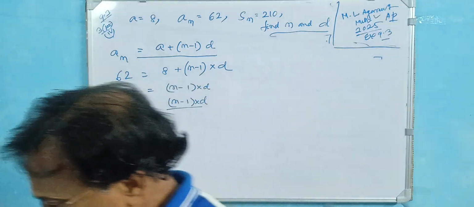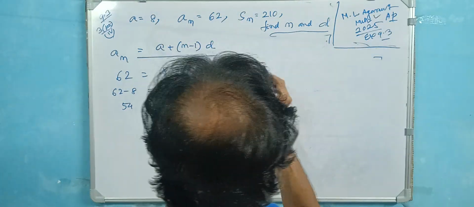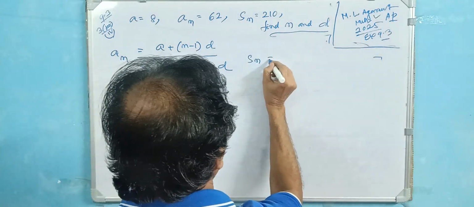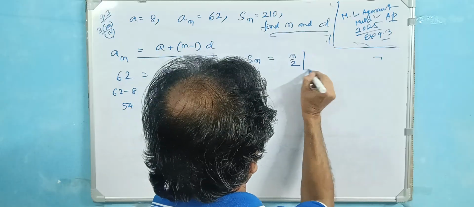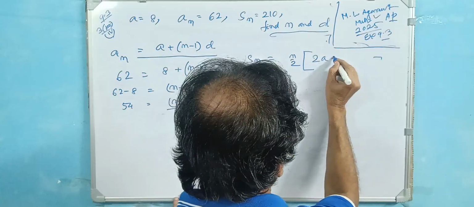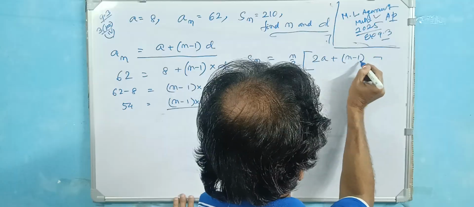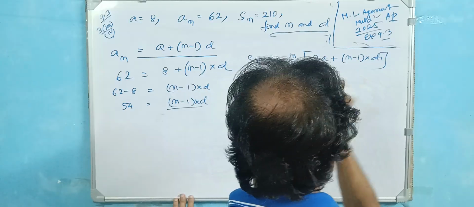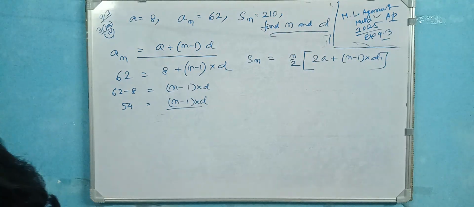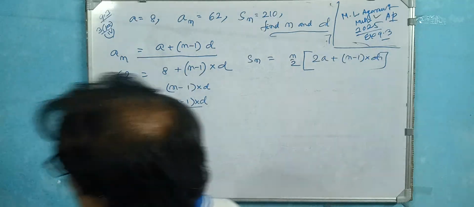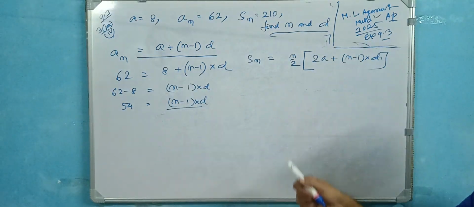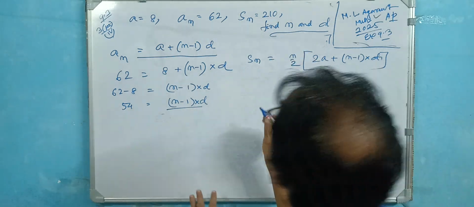Now, SN. What is the value? SN is equal to n by 2 bracket twice A plus n minus 1 into D. This is the formula. You know SN is 210.